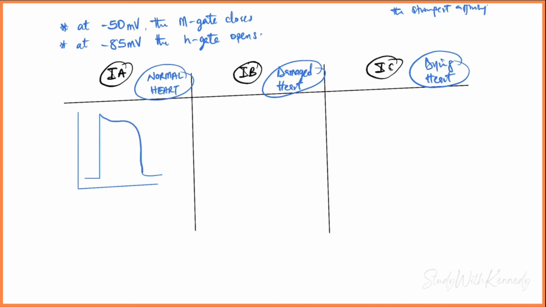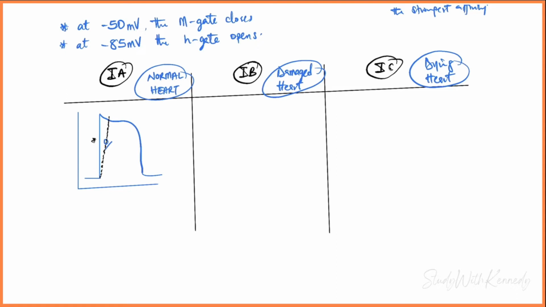We said that phase 0, which is right here, is due to sodium influx into the cell during depolarization. Now, when you give sodium channel blockers, what do you expect to happen to the slope of phase 0? You reduce the steepness of that slope, and you're going to have something that looks like this.